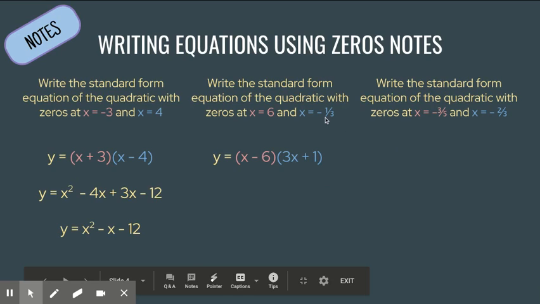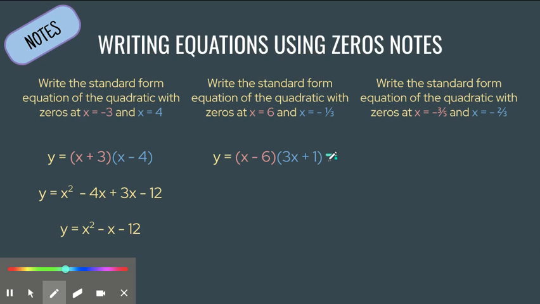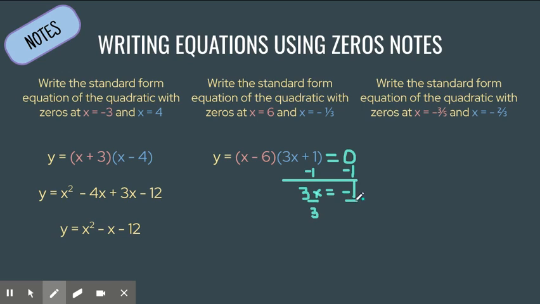Okay, so it's going to be the opposite of this number, the one on the top, and then the one on the bottom goes out front. Because if I were to set this equation back equal to 0, then I would subtract this 1 from both sides, and then I get 3x equals negative 1, and then I would divide by 3, and that's how I get x equals negative 1/3.